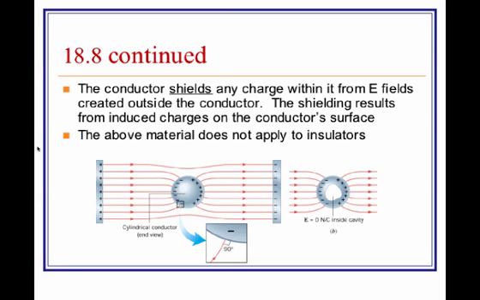This doesn't apply to insulators because the electrons are not free to move around. They're within the atom or the molecule, and they can move to one side or another, but they're not free to move from molecule to molecule to the level that they are in a conductor. So those are some ideas behind the electric field within conductors and insulators.